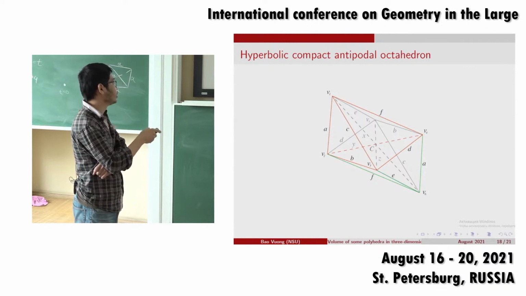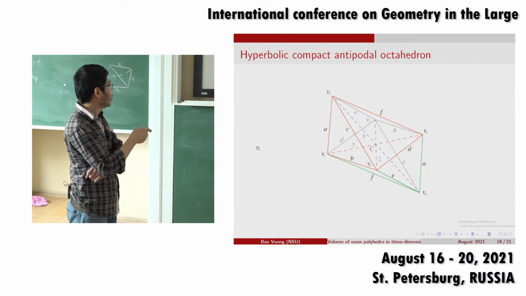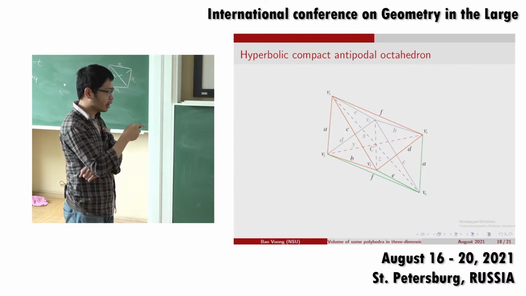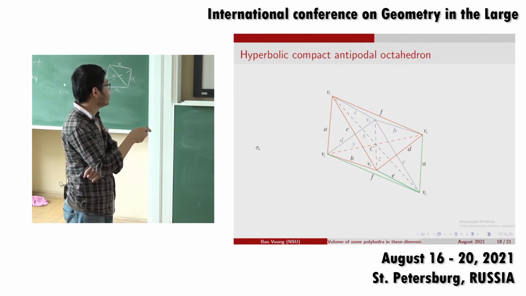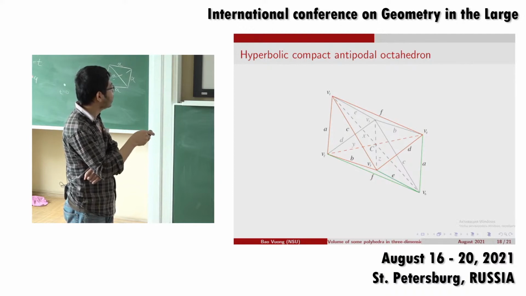But it is symmetric, so in particular it does not matter whether we consider this partition or that partition. To define the antipodal octahedron, we need 6 parameters: A, B, C, D, E, and F.